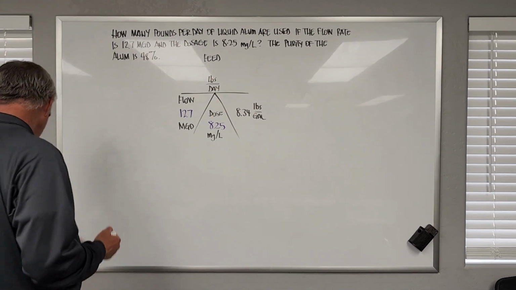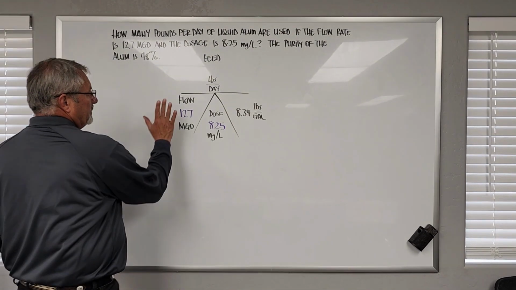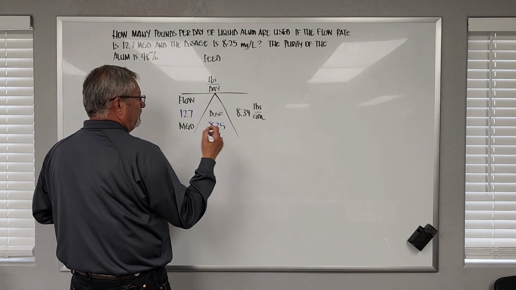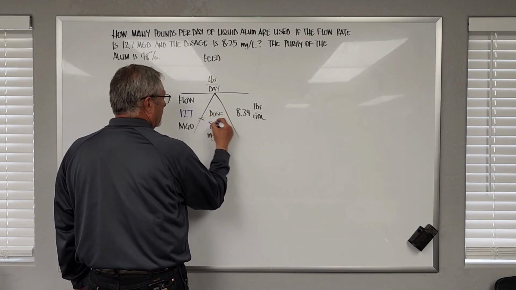So just like before, I have these three factors across the bottom. We multiply them across.